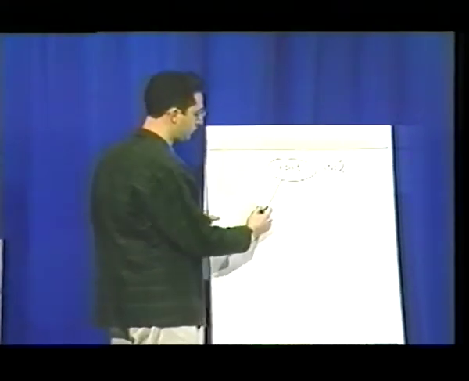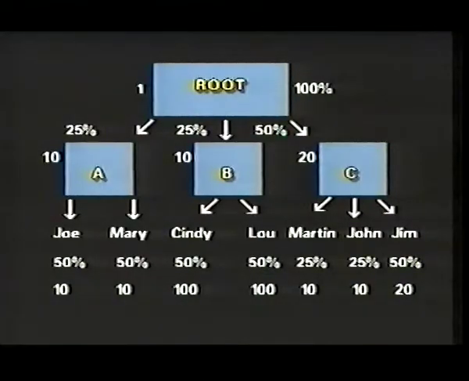And then what we'll do is we'll have a group A, a group B, and a group C. And let's say that group A will get 25%, group B will get 25%, and group C will get 50%.